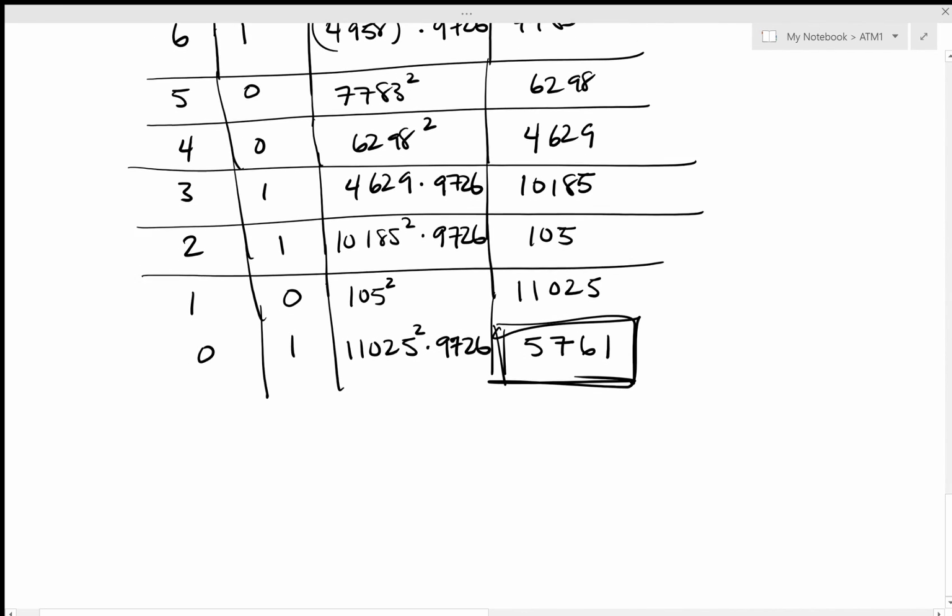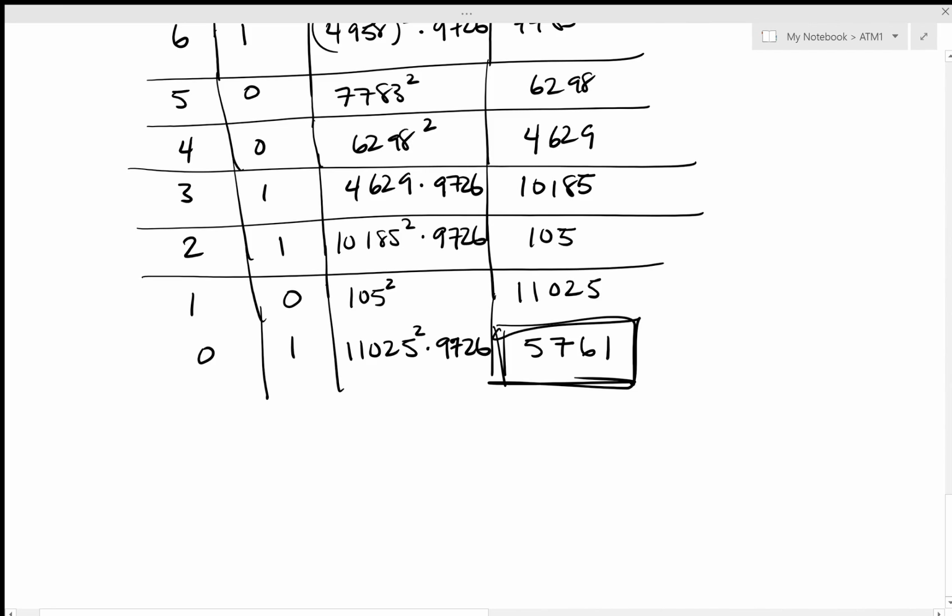So what I'm saying is, let me just write what this is. This is 9726 raised to the power of 3533 mod 11413, and that is equal to 5761.